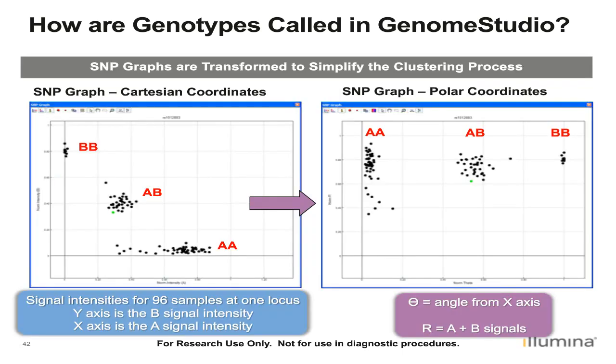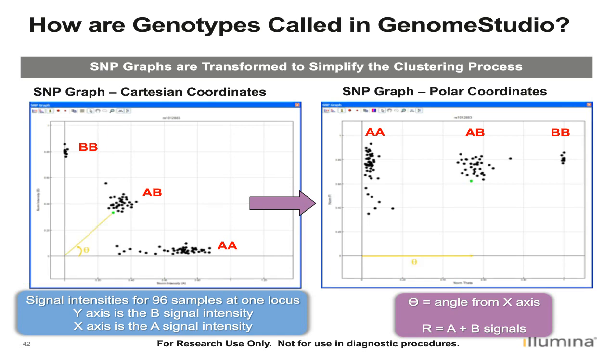To make the data easier to interpret and to simplify clustering, GenomeStudio actually converts the normalized intensity A and B graphs from Cartesian coordinates to polar coordinates. If you look at the graph on the left, these represent signal intensities for 96 samples at one SNP locus. In the left graph, the x-axis is the A signal intensity and the y-axis is the B signal intensity.